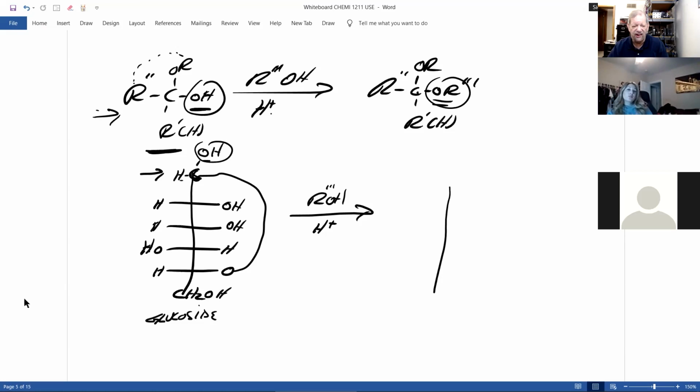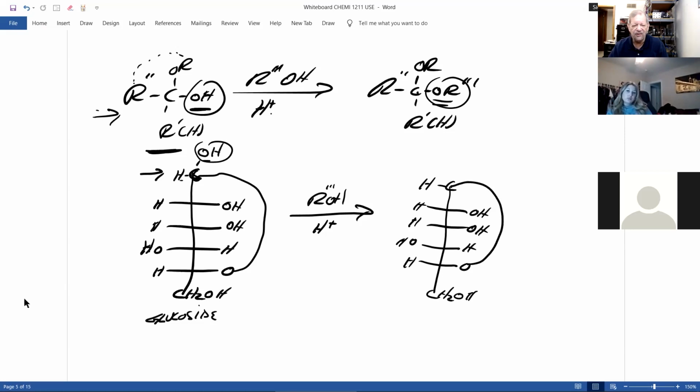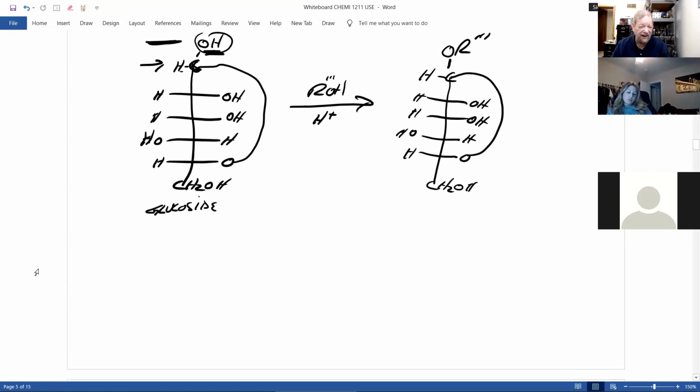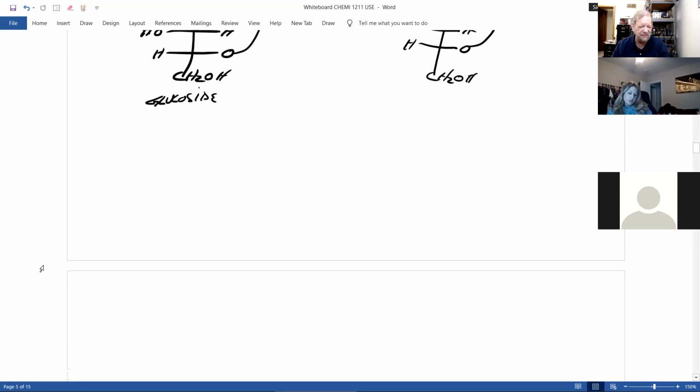Everything else stays the same. And the only thing that changes is this becomes this. And this turns out to be very important. But let's take this for a ride with the real molecules.